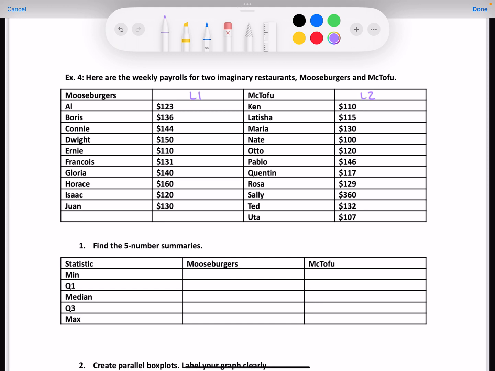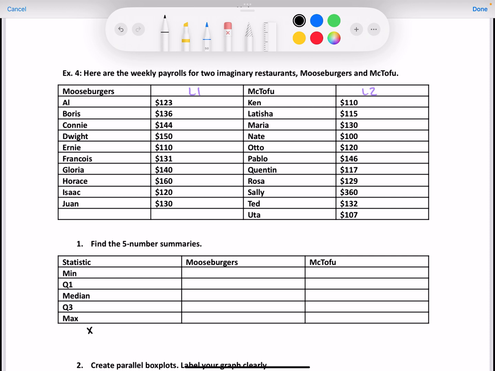All right. Once you do that, you need to find the 5-number summary for each one. So remember, that's stat, calc, one variable stats. And also for each thing, note the X bar, so the mean, and then also do the IQR, which is going to be the Q3 minus Q1.